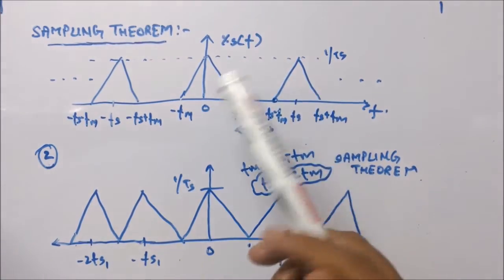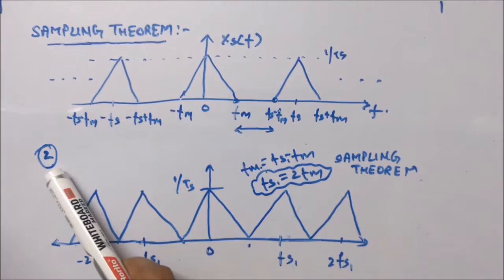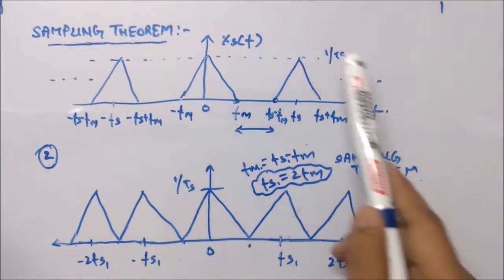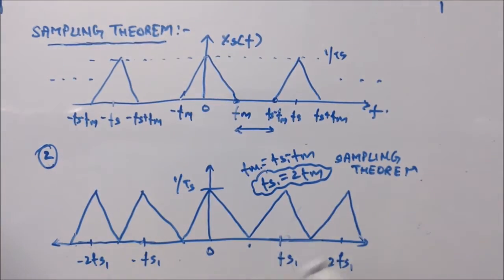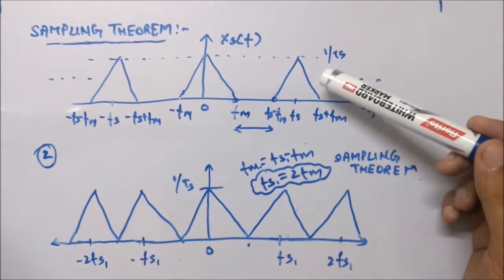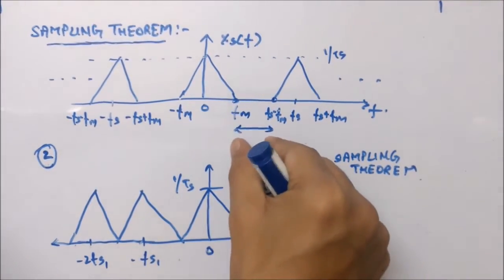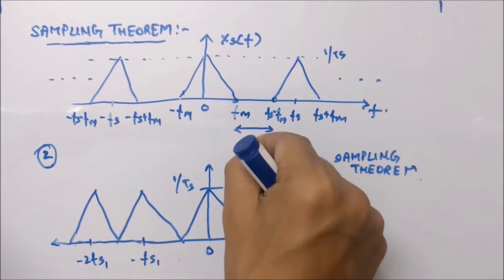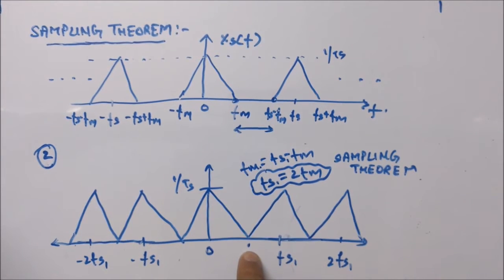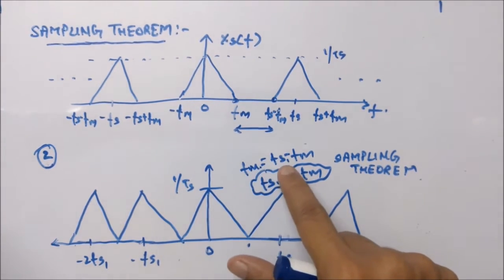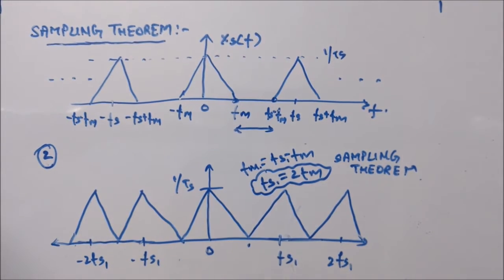Now let's look at the second part. This signal was the same as before, but the distance between the replica and the main message signal has been reduced, such that fM is equal to fs1 minus fM. Here you can see these are integral multiples of fs1, where fs is greater than fs1. This is your fs and this is your fs1.